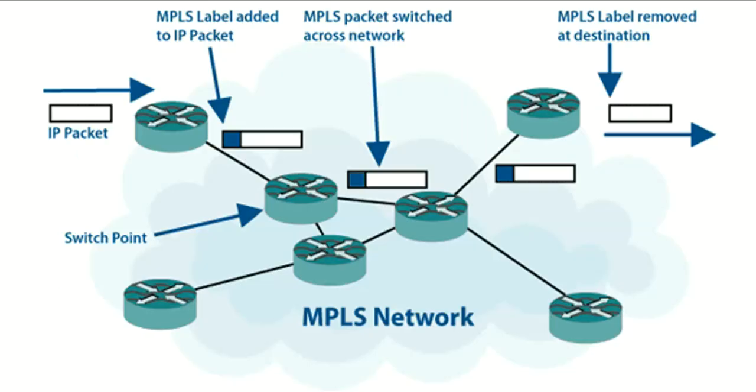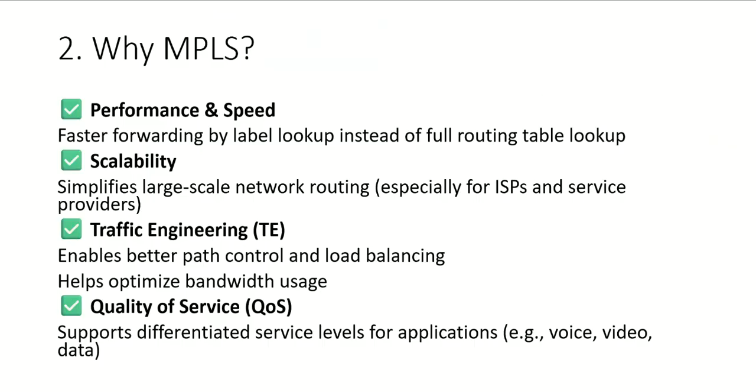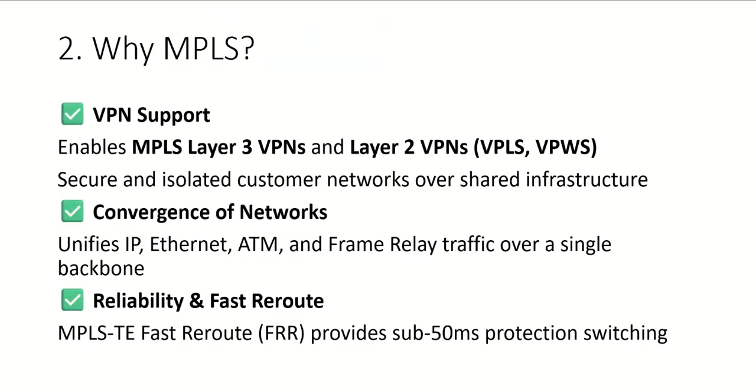Now, why MPLS? We saw first what is MPLS, and now we are seeing why MPLS. We have seen 4 points. Few more points. VPN support. See, in an IP network, if you want VPN, then you need to enable GRE. That is an additional layer.